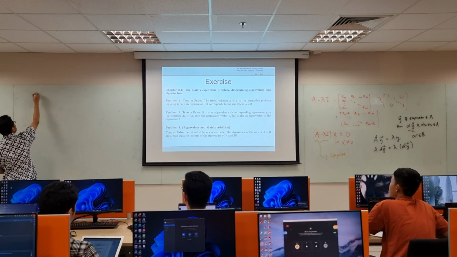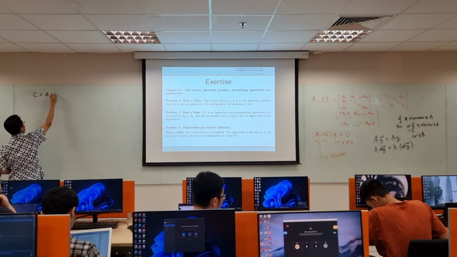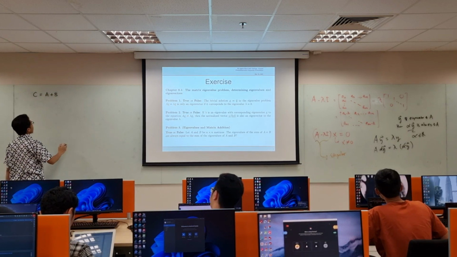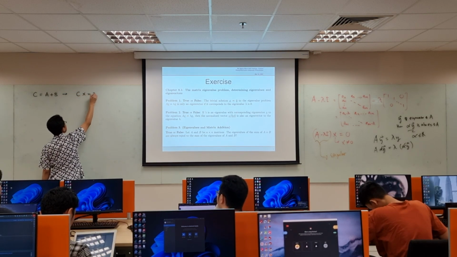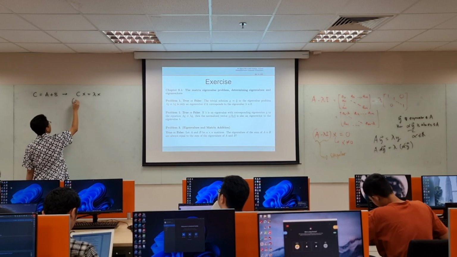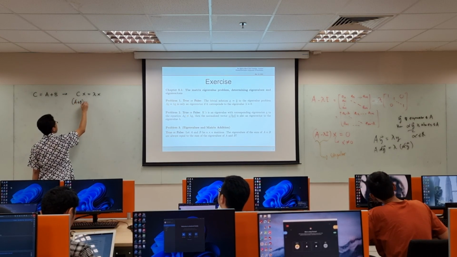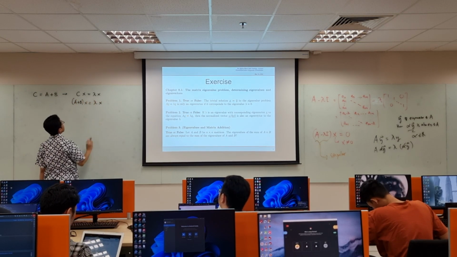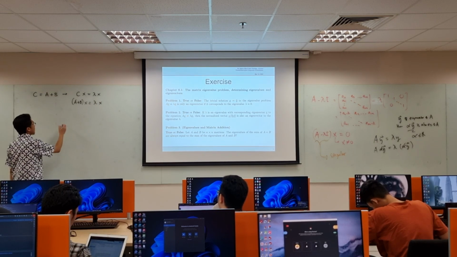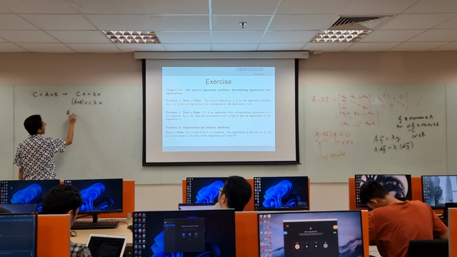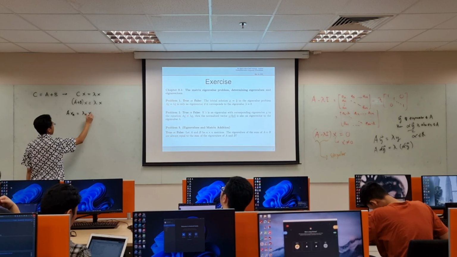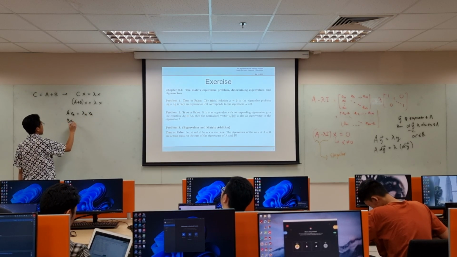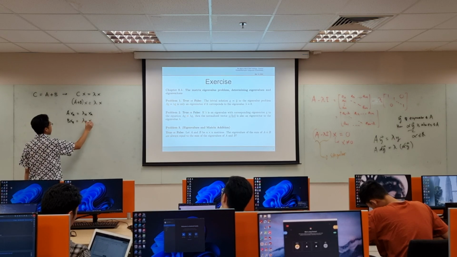Let's say C is A plus B, okay? From this we get Cx equal to lambda times x, where C is A plus B. On another note, we have A times xA equal to lambda A times xA, and B times xB equal to lambda B times xB.